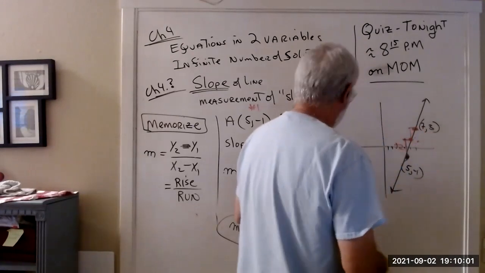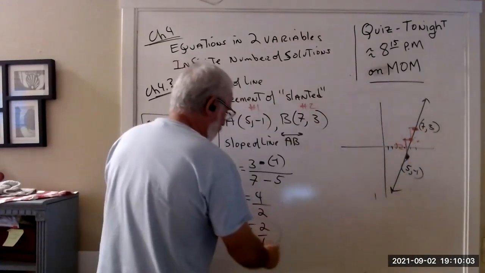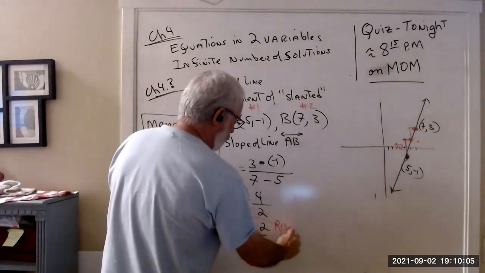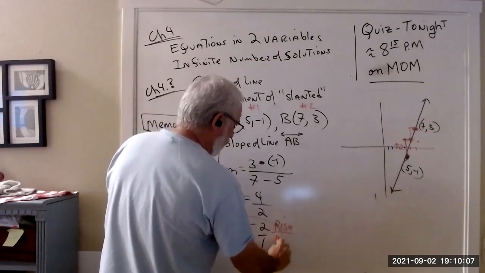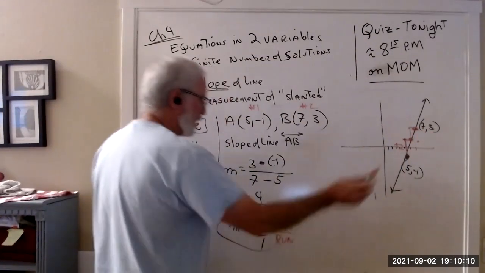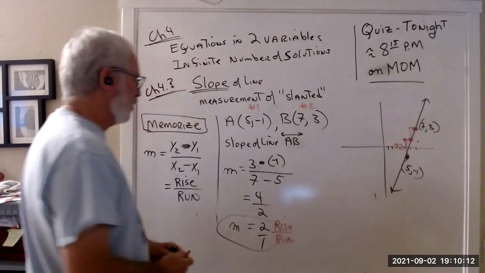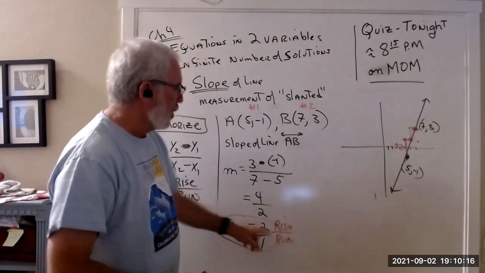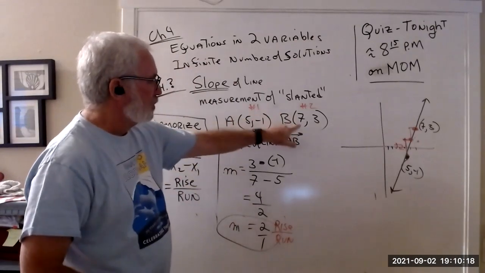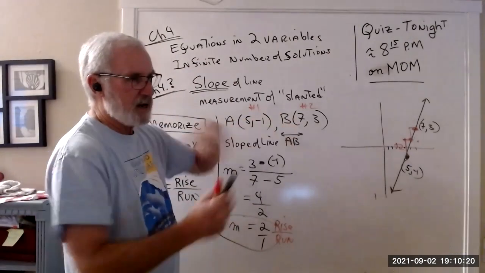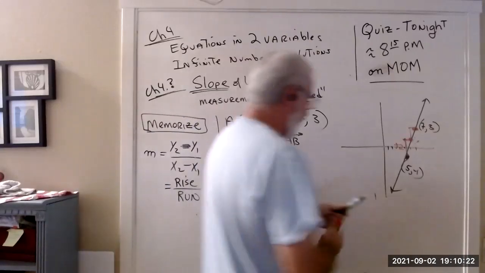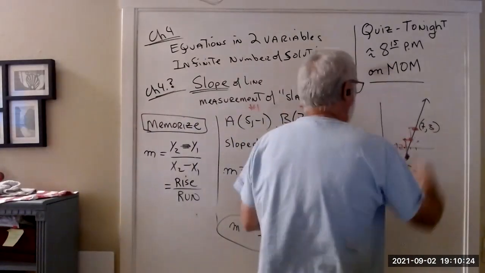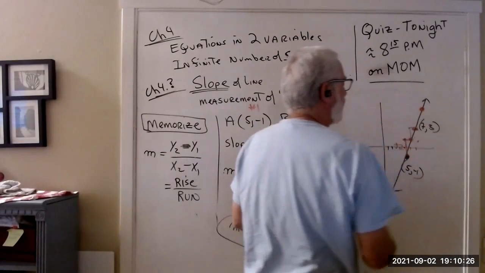So what we're saying is, starting at one point, if we go up 2 and over 1, run means go sideways. Okay, if we go up 2 and sideways 1, we'll go from one point to the other point. That's how they're connected. As a matter of fact, we can go from any point to any other point.